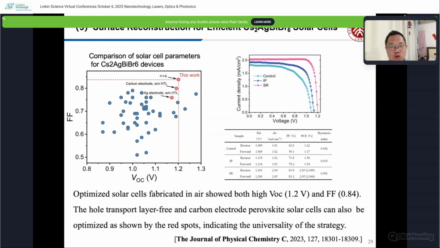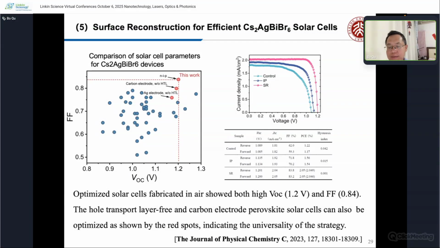The optimized solar cells fabricated in air showed both a high VOC of 1.2 volts and a fill factor of 0.84. Moreover, the hole transport layer free and carbon electrode perovskite solar cells can also be optimized, as shown by the red spots, indicating the universality of this strategy.